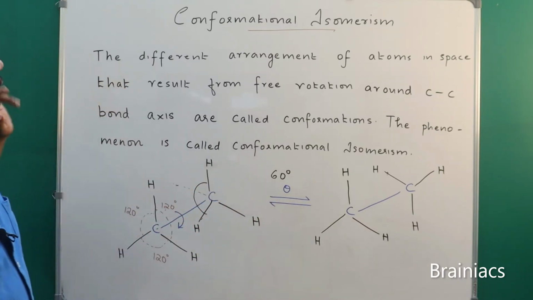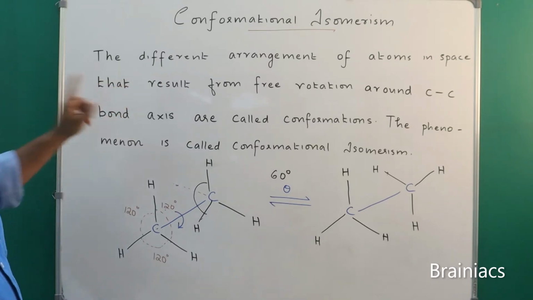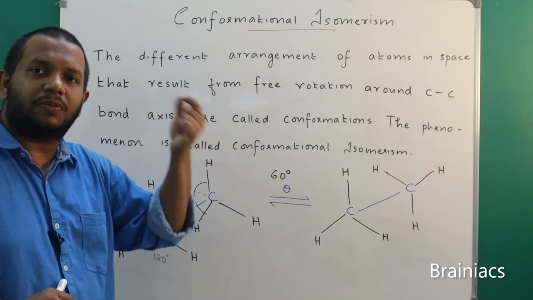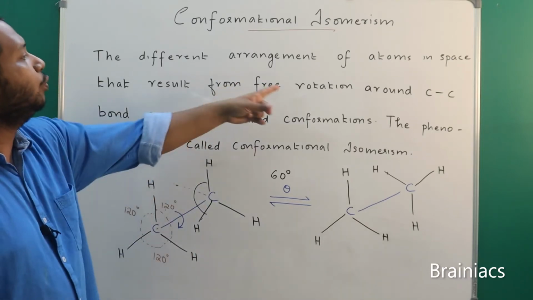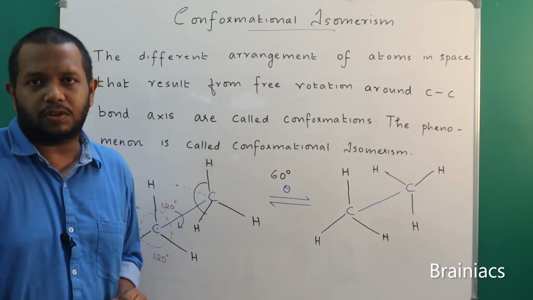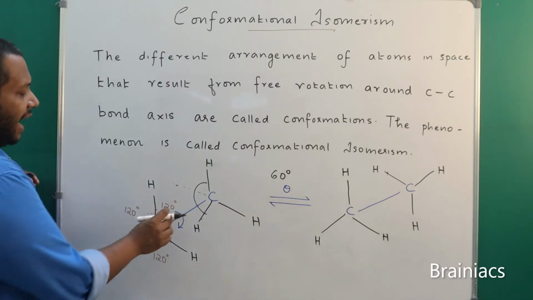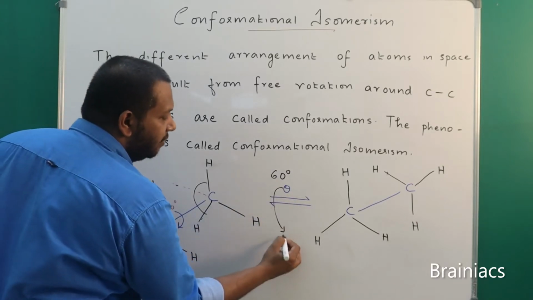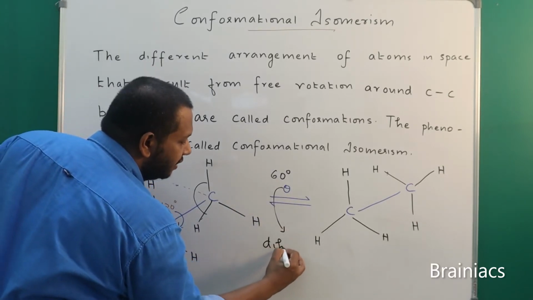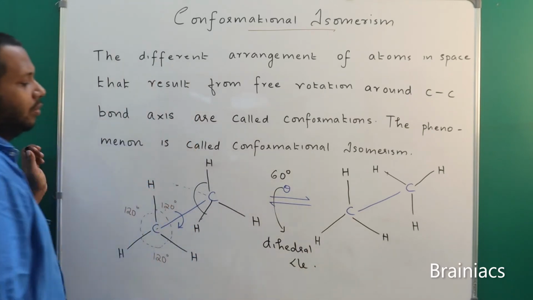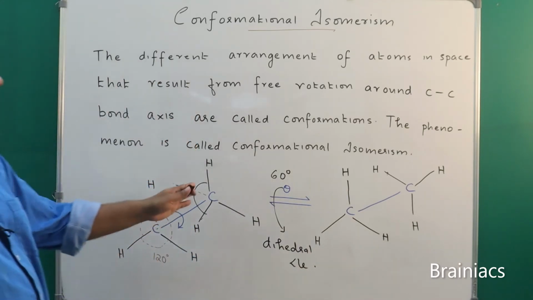So we can say they are the different arrangements of atoms in space that result from free rotation around the carbon-carbon bond axis, and they are called conformations. Clear? And the angle by which you are rotating is called theta, and it is known as the dihedral angle.